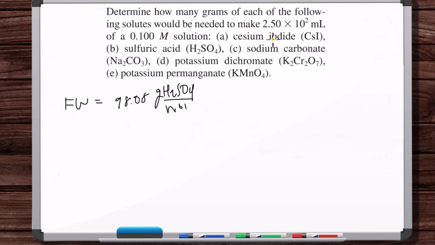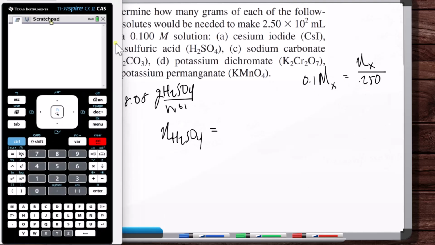So instead of rewriting this formula every time, we just know that 0.1 molarity of the solute is equal to the number of moles of the solute per 0.25. Then the number of moles of H2SO4 in the part B solution is 0.25 times 0.1. The number of moles is going to be exactly the same.